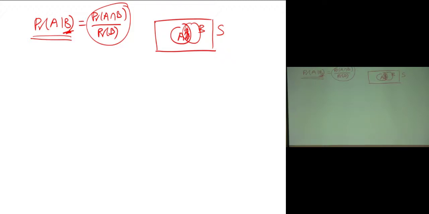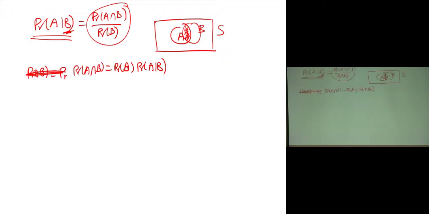From here, the probability of A intersect B is equal to the probability of B times the probability of A given B. So this gives us a way to compute the joint probability.